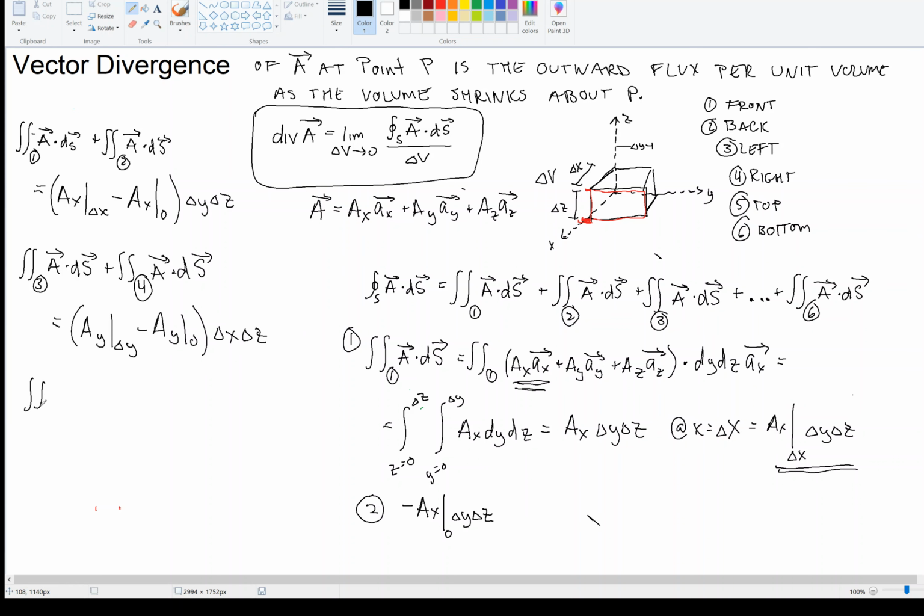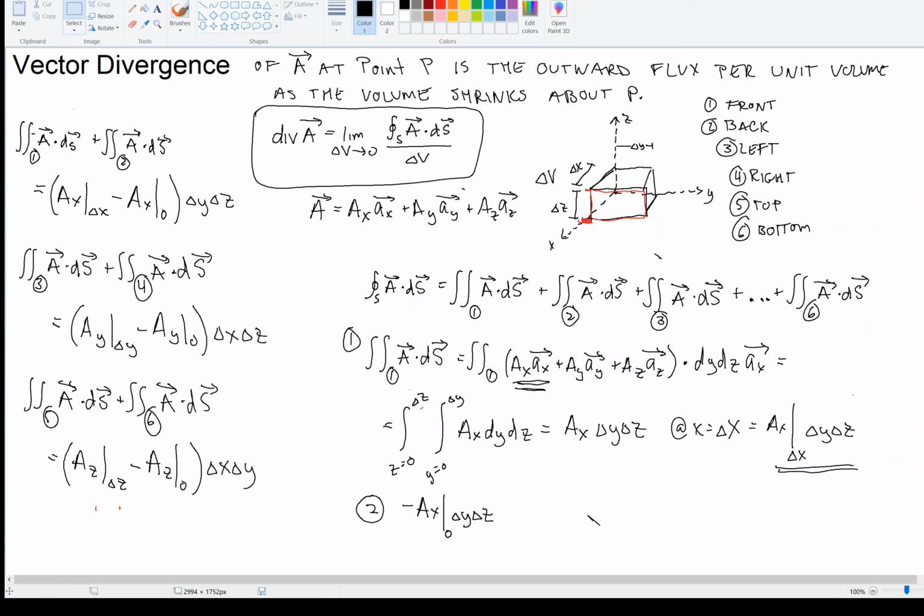And when you take 5 and 6 added together, maybe try to guess, maybe pause the video if you want, but you get AZ evaluated at delta z minus AZ evaluated at 0 times delta x delta y. Okay? And I encourage you to work those things out on your own.